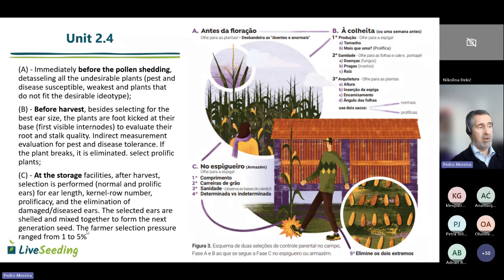Why? Because if we select too much, it means that your diversity will be less and less. So we cannot be greedy on this. We need to have a balance.